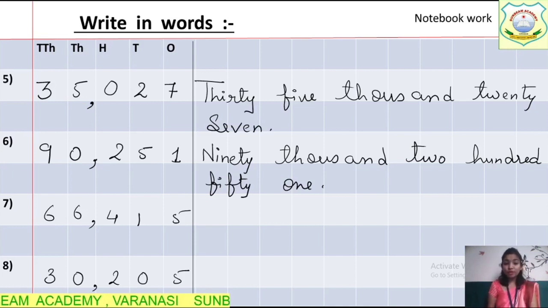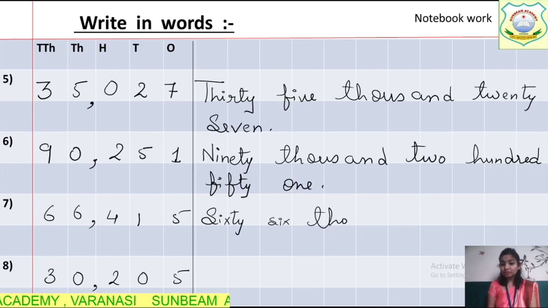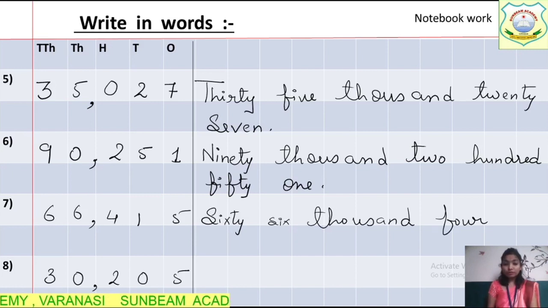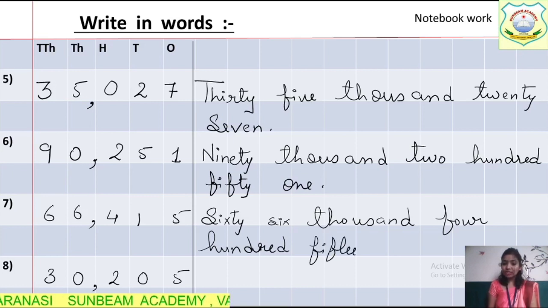66,415. So what do we have to write first? SIXTY 60. Then 66,000. Alright. 66,000. 4 FOUR 400. 4 is at the hundreds place. So 400 and then 15. We have 15. Written. Next, last, 30,205.